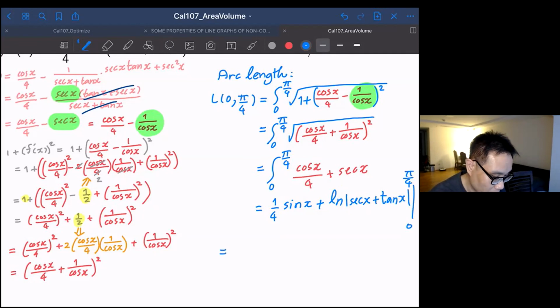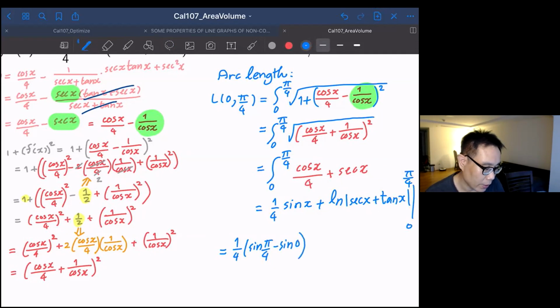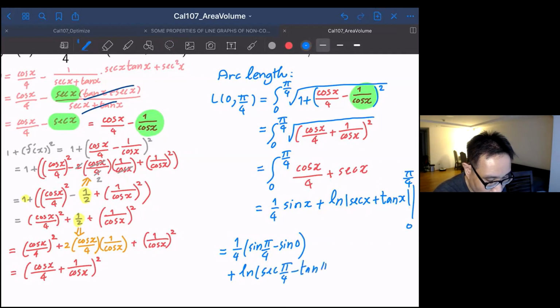So this would be 1/4 sin pi over 4 minus sin 0. Okay, and you add log of secant pi over 4 plus tan pi over 4, and you have minus log of sec 0 plus tan 0.